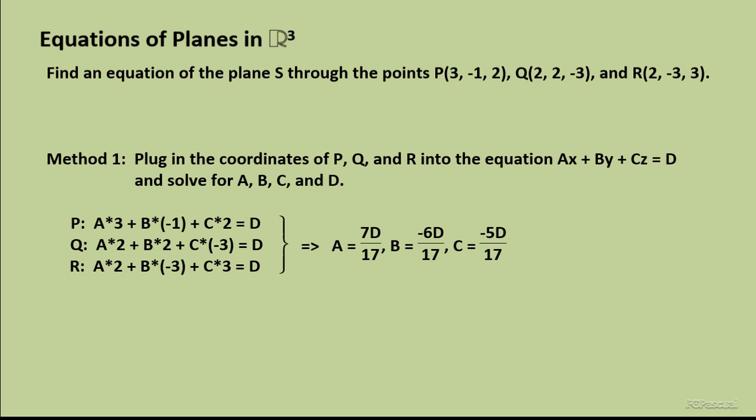In a situation like this one, where we solved for a, b, and c in terms of d, d may be referred to as a parameter. It is also often called a free variable. With d being a free variable, it means that we can choose d to be any non-zero real number. To avoid fractions, let us choose d to be equal to 17.